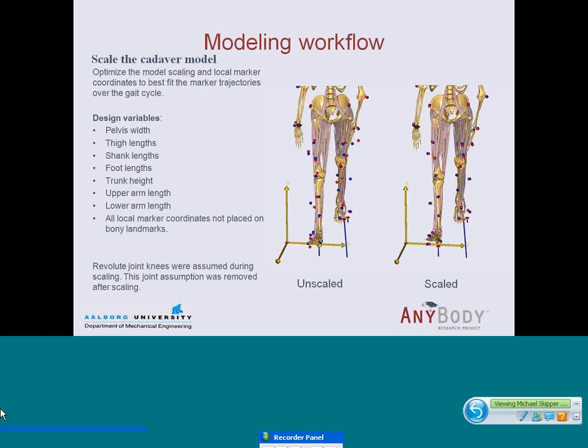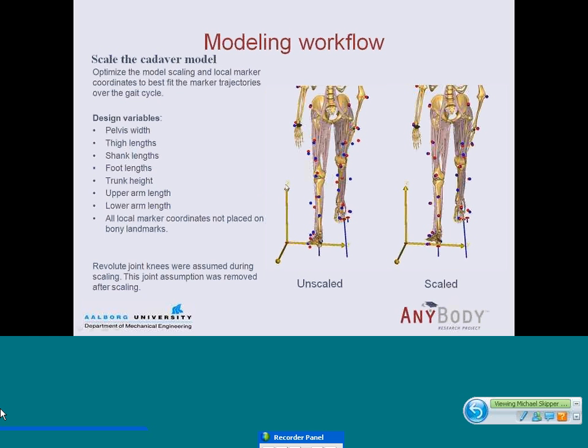And so those were the design variables together with all the segment lengths within the model. So pelvis width and the thigh length, shank length, foot length, trunk height, upper arm length, lower arm length, and so on. So all these ones.